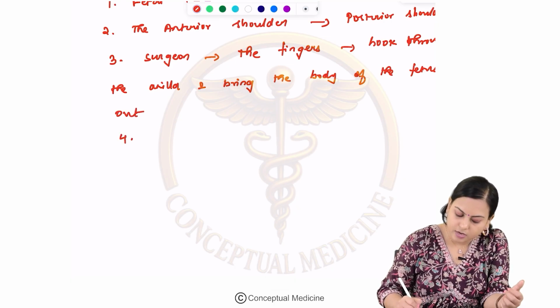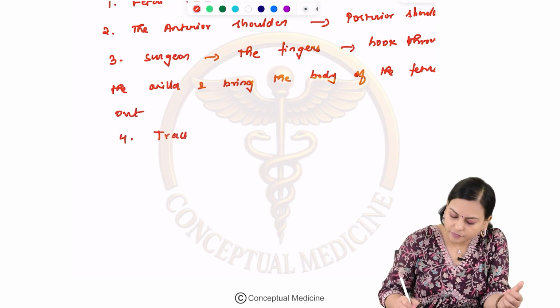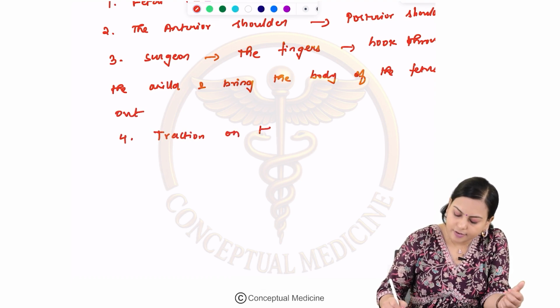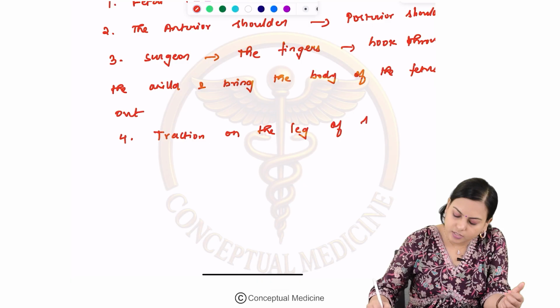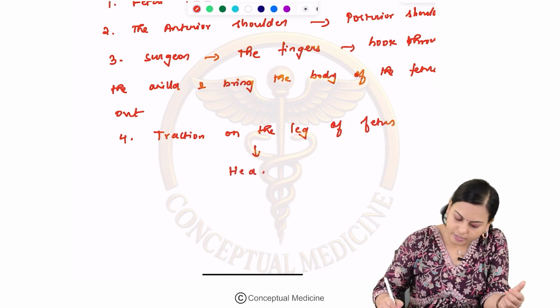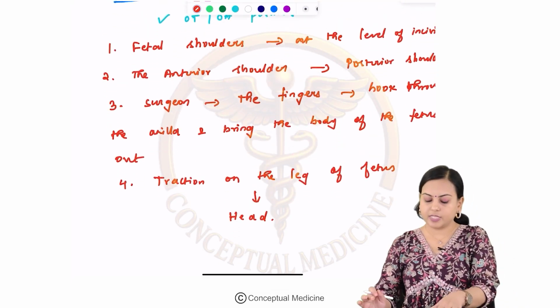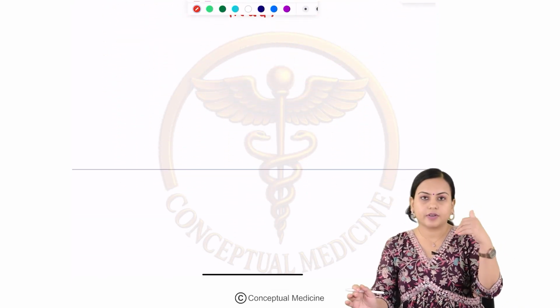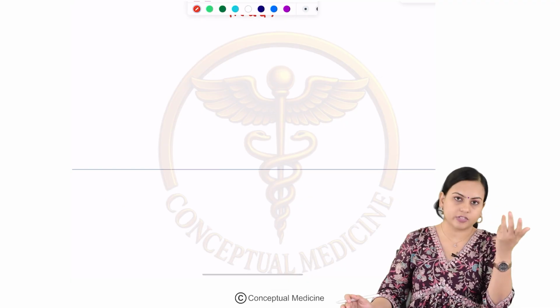Then we give traction on the leg of the fetus so that we deliver the head. If this technique is to be performed, you can even give a T-shaped incision or a J-shaped incision also.